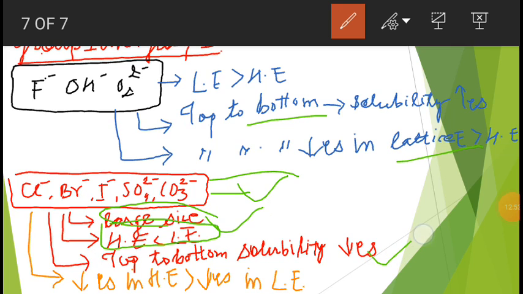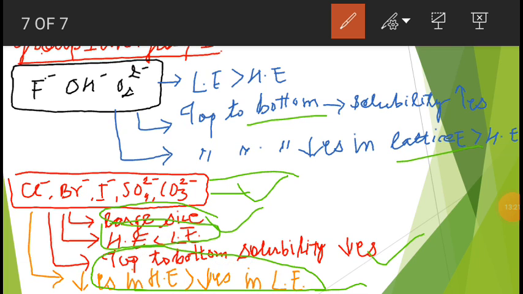If we talk about the trend, top to bottom solubility decreases, and the decrease in hydration energy is greater than the decrease in lattice energy. These are the most important factors. Note it down in your notebook.